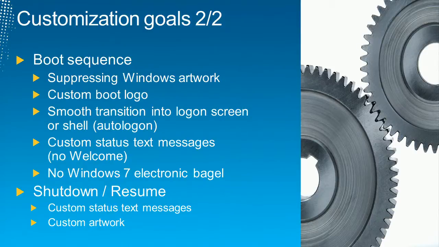You might want to get rid of the status text messages, so no welcome, no shutdown message, have your own message or leave them out of the configuration, and no Windows 7 electronic bagel, because that's really a typical Windows 7 thing that gives a hint that there's a Windows 7 system running.